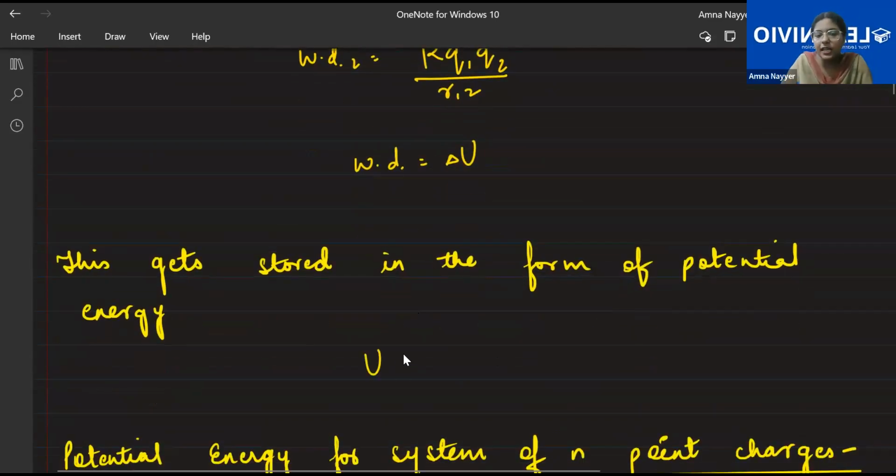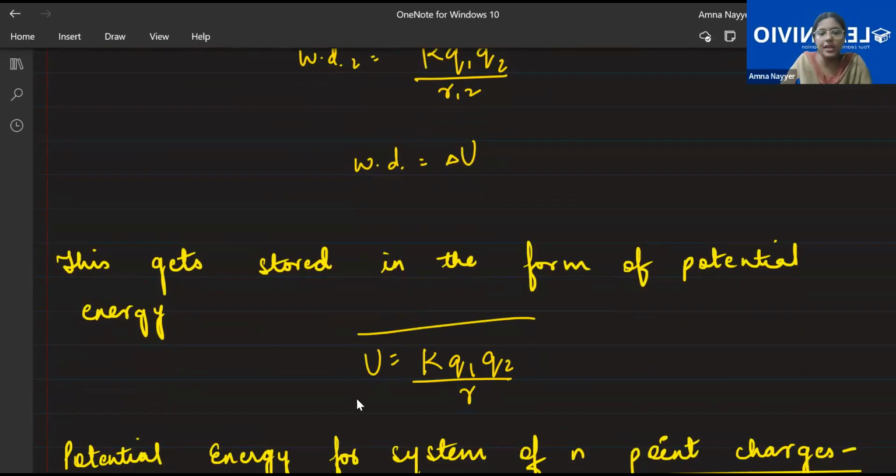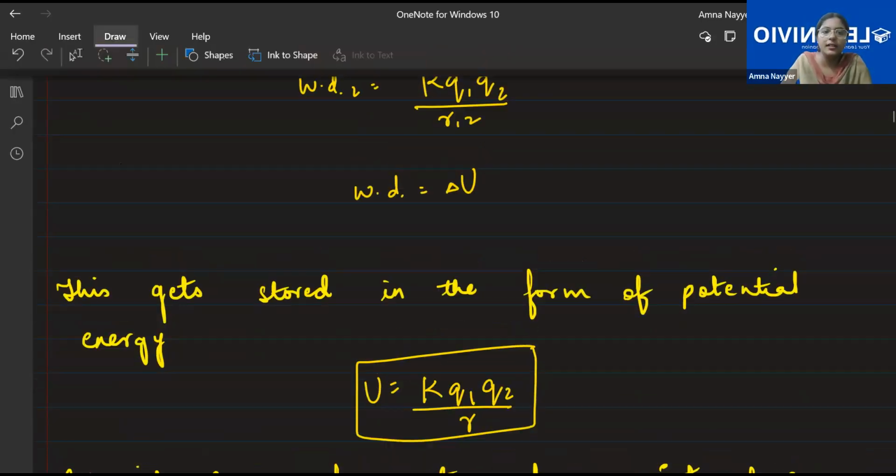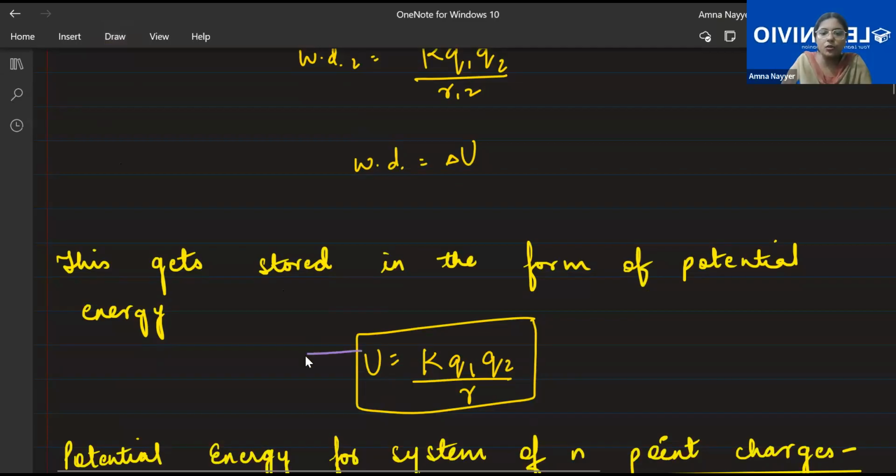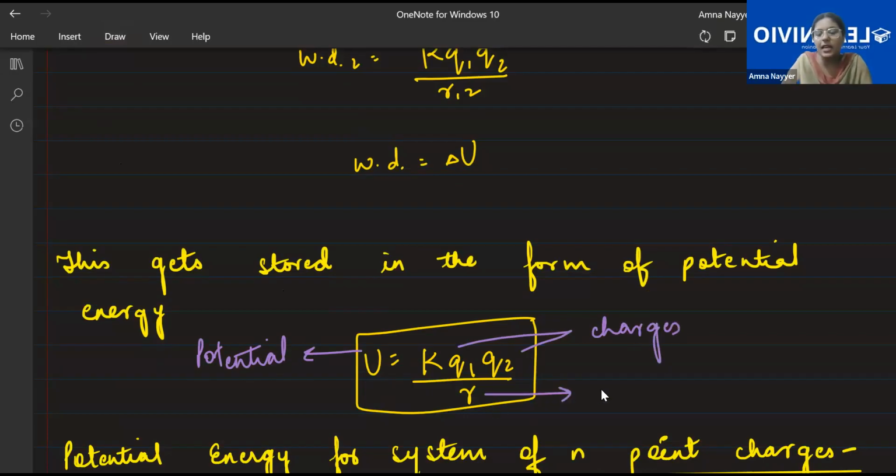So what is the potential energy between two charges? U equals K Q1 Q2 divided by R, where U is the potential energy, Q1 and Q2 are the charges, and R is the distance between the charges.